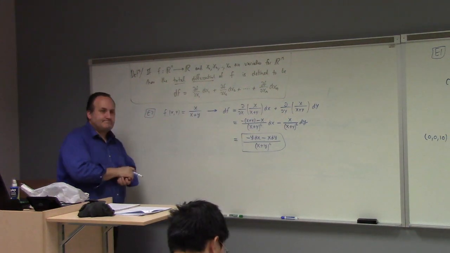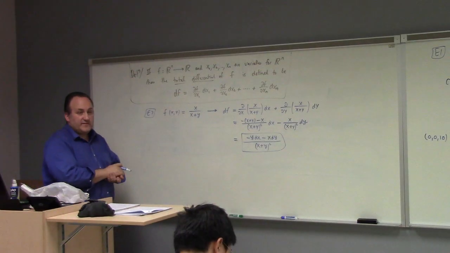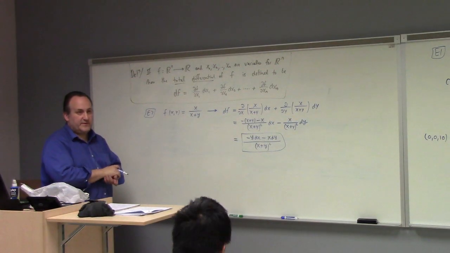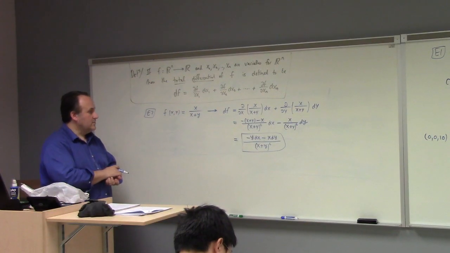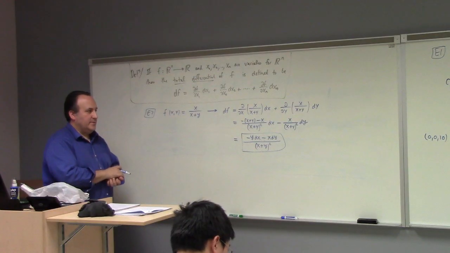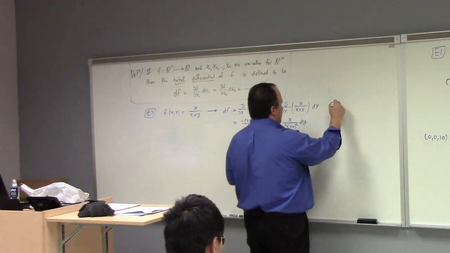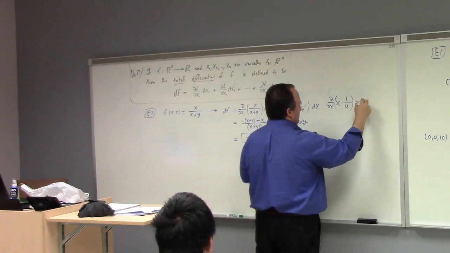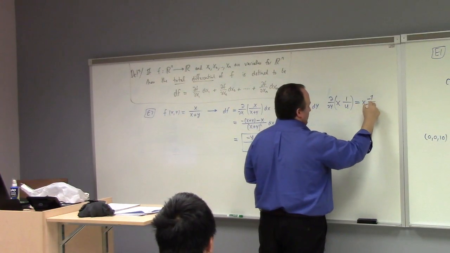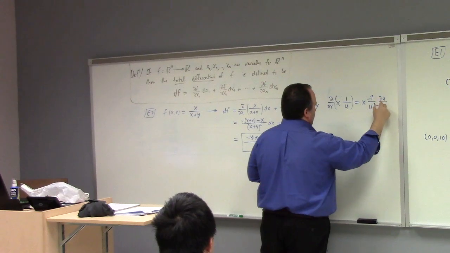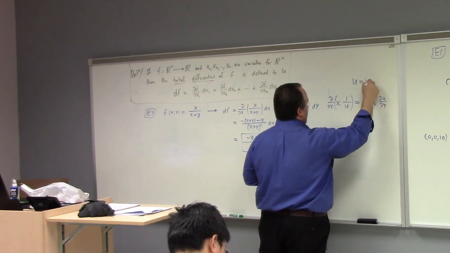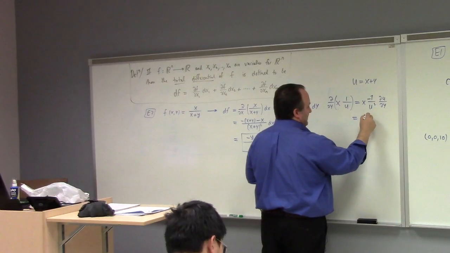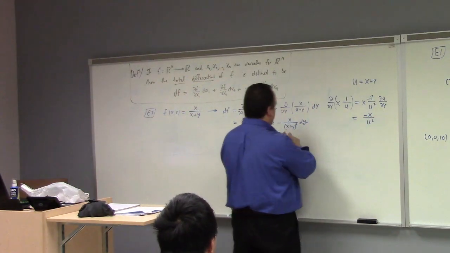So the answer involves differentials. This is the nature of the total differential. What did I do? Well, the second one only has a y in the bottom, so the x just rides along. I look at that differentiation as x times 1 over u. So I do x times minus 1 over u squared times partial u partial y, but here u is x plus y. So my logic is that's minus x over u squared, which is what I wrote here.